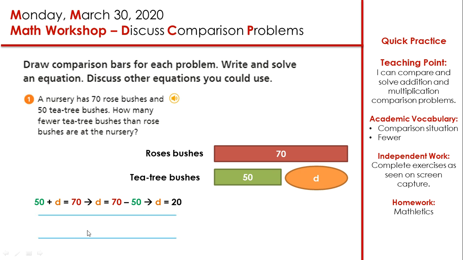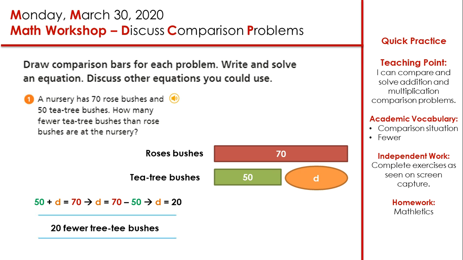Now at the line below, we're going to answer our question. Going back to our question, how many fewer tea tree bushes than rose bushes are at the nursery? Since our difference is 20, then our answer is 20 fewer tea tree bushes.